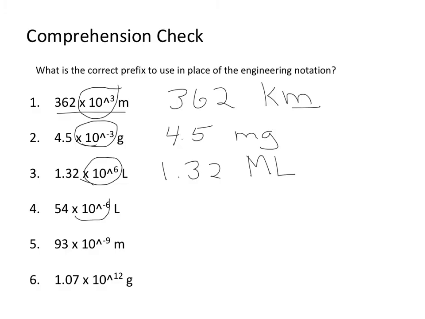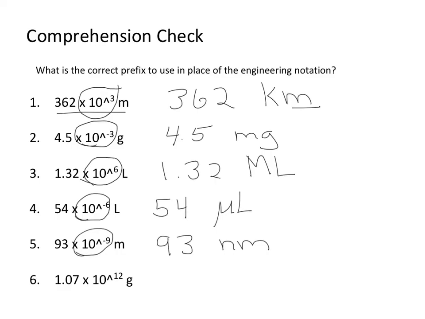10 to the negative 6 on the next one. This is a micro. So this would be replaced as 54, and you can replace that 10 to the negative 6 with a microliter. Make sure you have the right unit. The next one, 10 to the negative 9. If you go to your chart, 10 to the negative 9 is a nano, so this would be 93 nanometers.